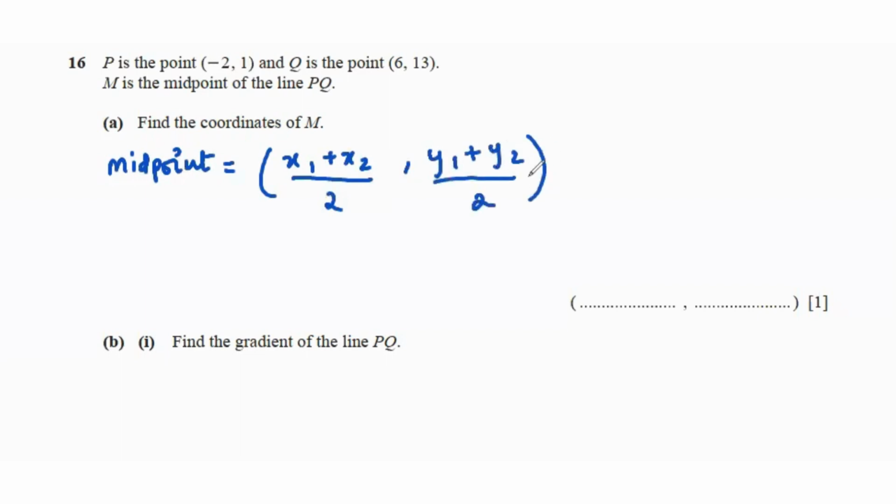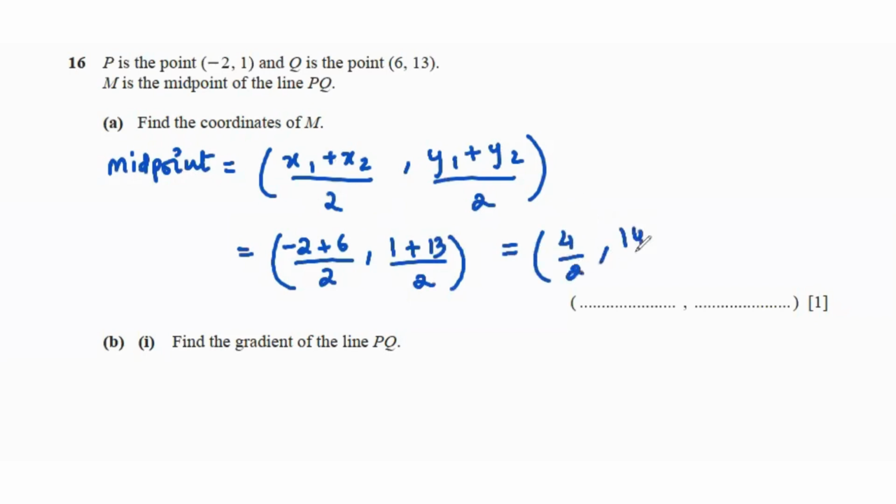Basically, you're taking the average of your x values and y values. That's going to be (-2 plus 6) over 2 and (1 plus 13) over 2, which is going to give us 4 over 2 and 14 over 2. And that's going to be equal to (2, 7). That's your midpoint and coordinate for M.